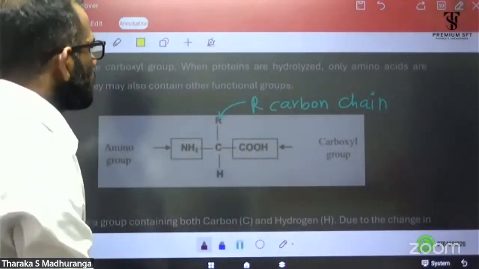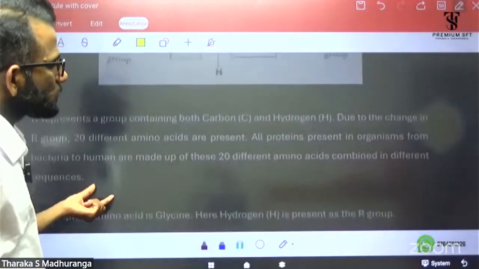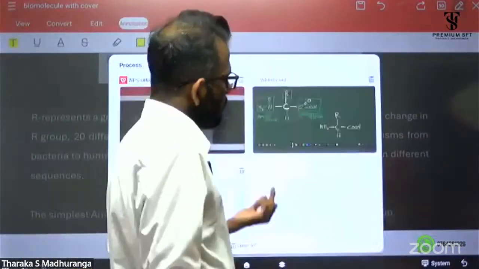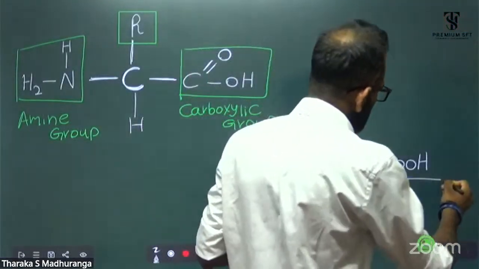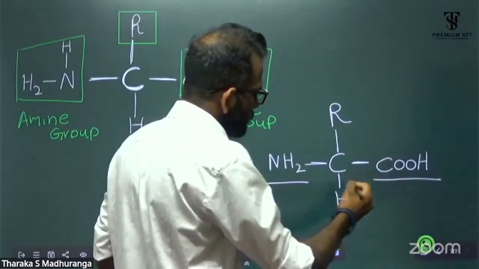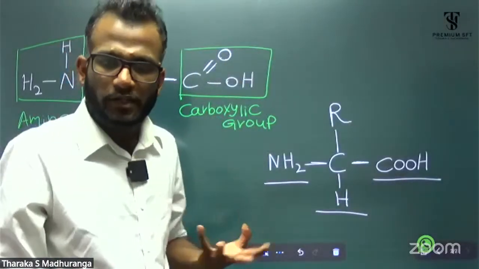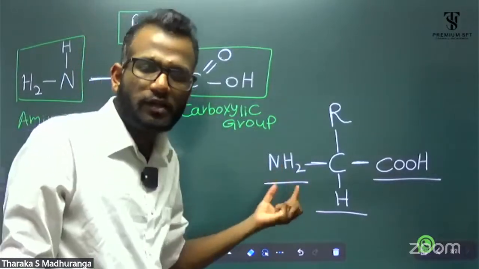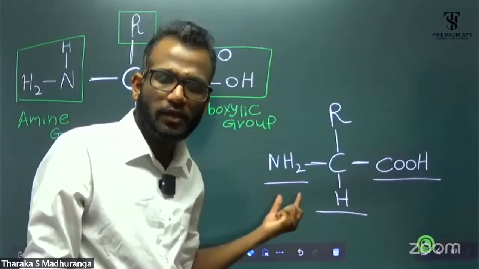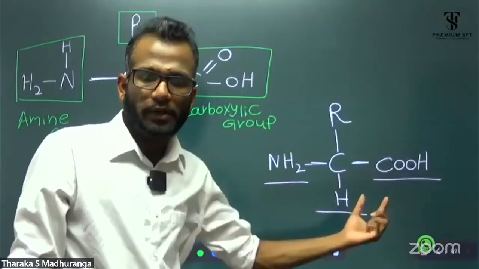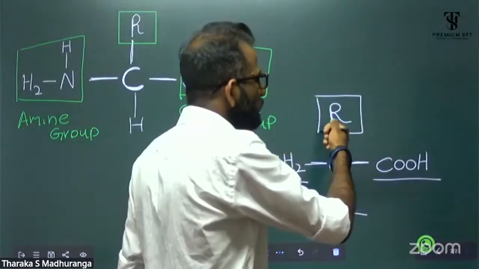I told you the carboxylic group, amine group, and hydrogen are always compulsory. Every amino acid contains these common functional groups. But the R carbon chain varies from amino acid to amino acid.